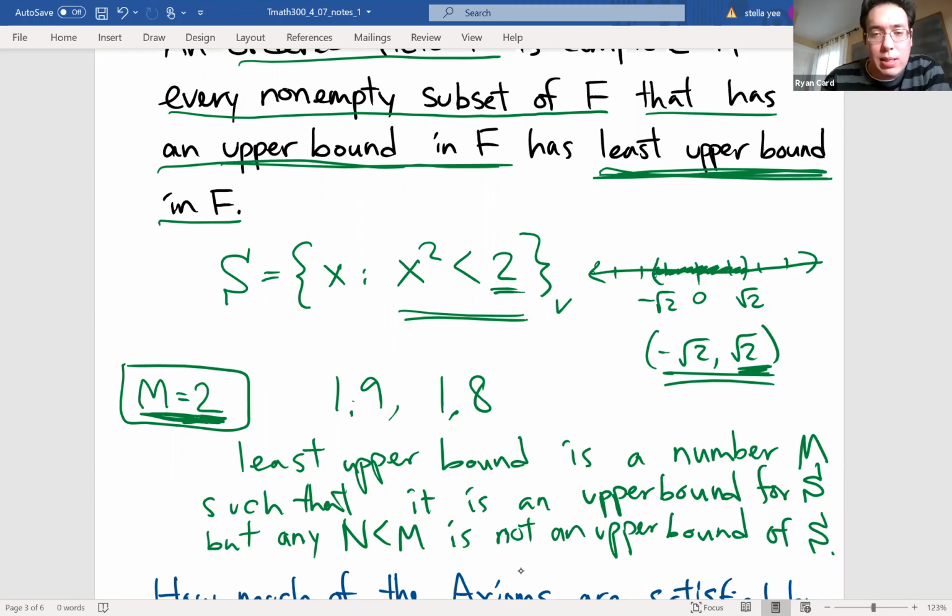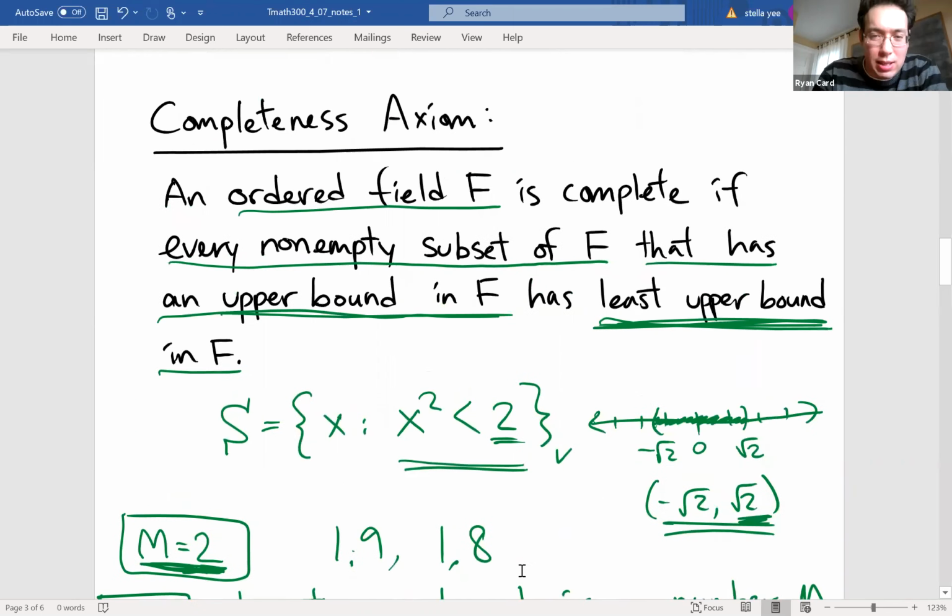So let's let that sink in. This is a really complicated way of saying that the square root of 2 is something that exists in F. It seems like a really complex way to say something like that, but this is the right axiom.